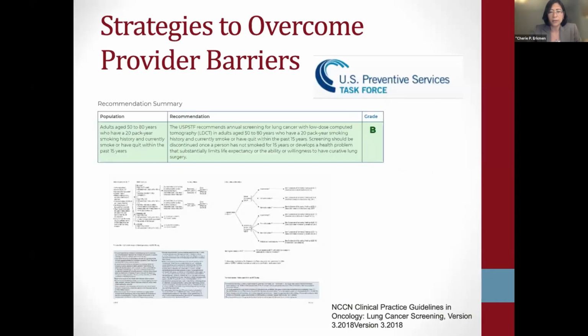There are barriers, and there are strategies to overcome them. You can always let people know that there are NCCN guidelines that are much more inclusive than the US Preventive Services Task Force guidelines. And many times you can include more people in screening with NCCN guidelines.